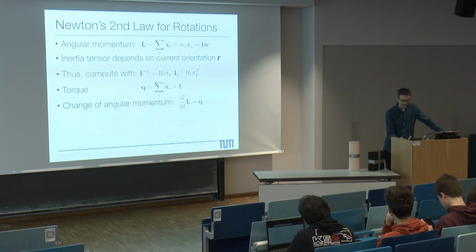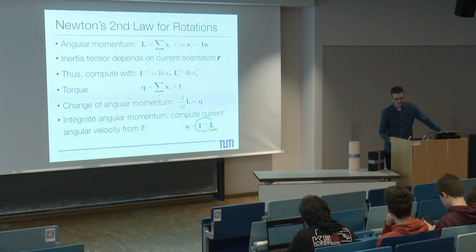Then we can apply this force as a change to the angular momentum, the L, with an Euler step, for example. And from that new L that we get, we basically convert this into an angular velocity W by dividing by the inertia tensor, multiplying with the inverse, and that gives us the actual W.